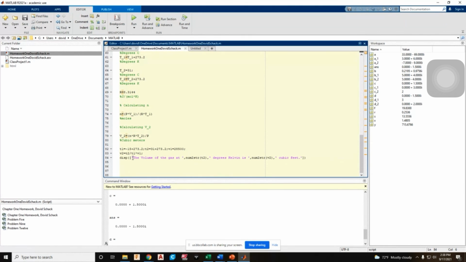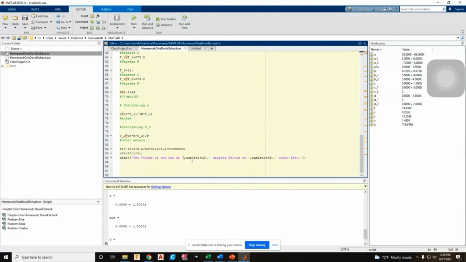So inside that we put the volume of the gas inside of apostrophes. And then there's a space afterwards so that it doesn't just put together all of this into one lump.